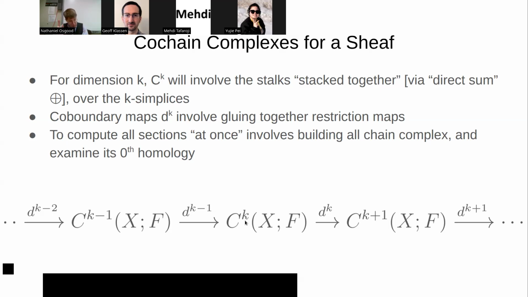I'm not saying count of K simplices. I'm saying simplices of dimension K, right? Maybe K is 2. Maybe there's only one of them, the triangle, let's say. Maybe there's only one triangle, in which case there'd only be one simplex to consider. But the basis of the vector is not given by the simplices of dimension K. It's given by the stalks of those.